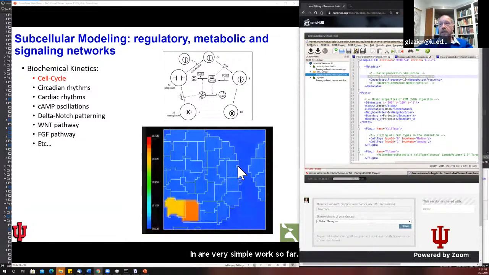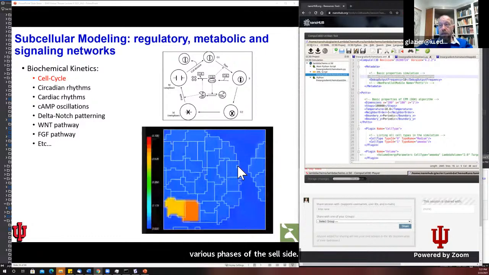In reality, there are a whole series of molecular species, in particular the cyclins, which oscillate inside of cells that are going through cell cycle. And the relative concentrations of the various cyclins determine how the cell enters and leaves the various phases of the cell cycle.